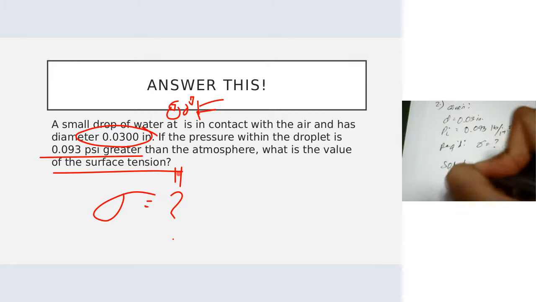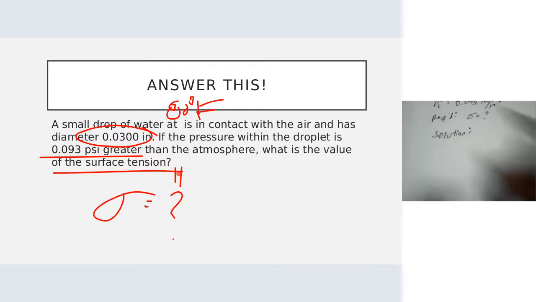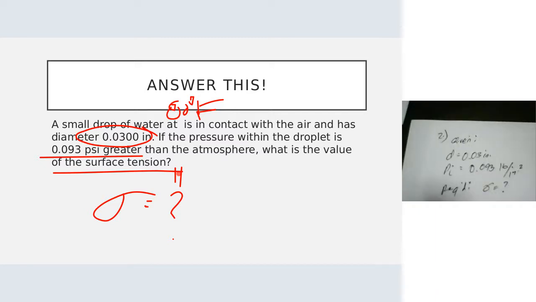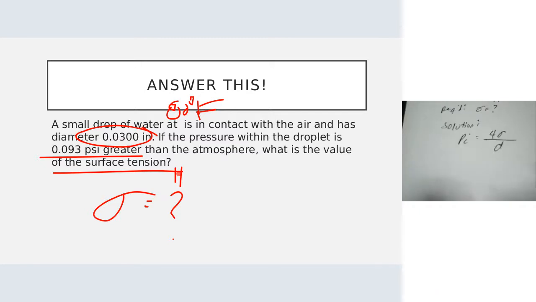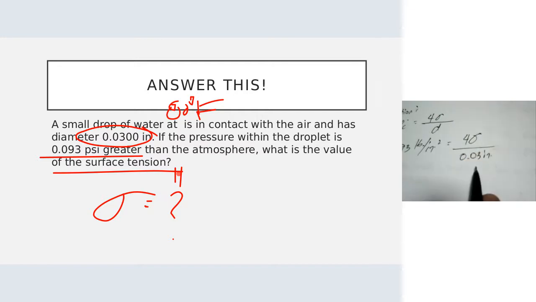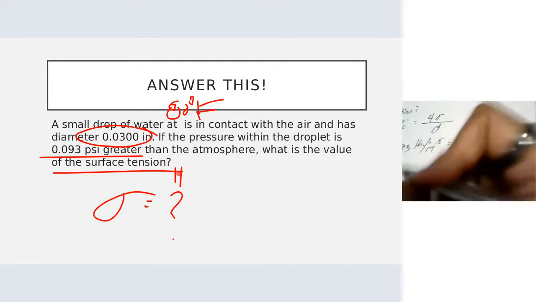Let's solve. The formula that we derived earlier is P sub I equals 4 sigma over D. We already have the P sub I and the diameter, so we just have to direct substitute them to this equation. So we have 0.093 pound per inch squared equals 4 times sigma over 0.03 inch. Cancel the inch.